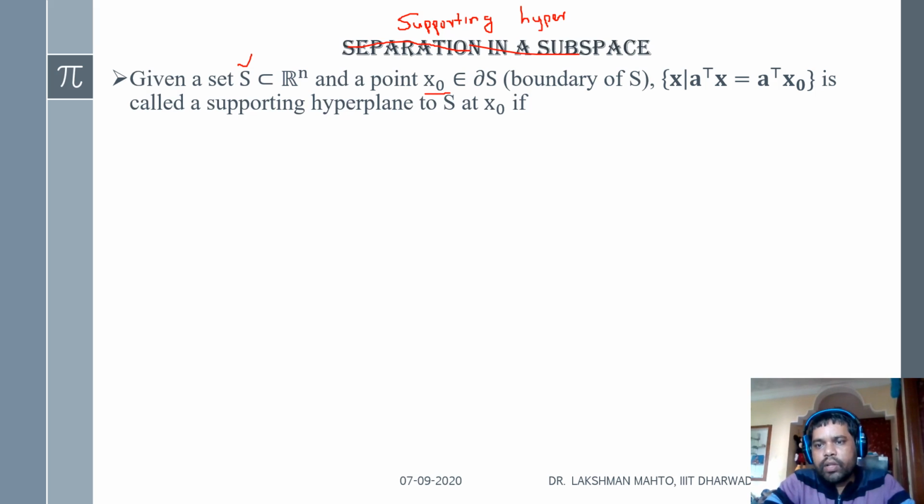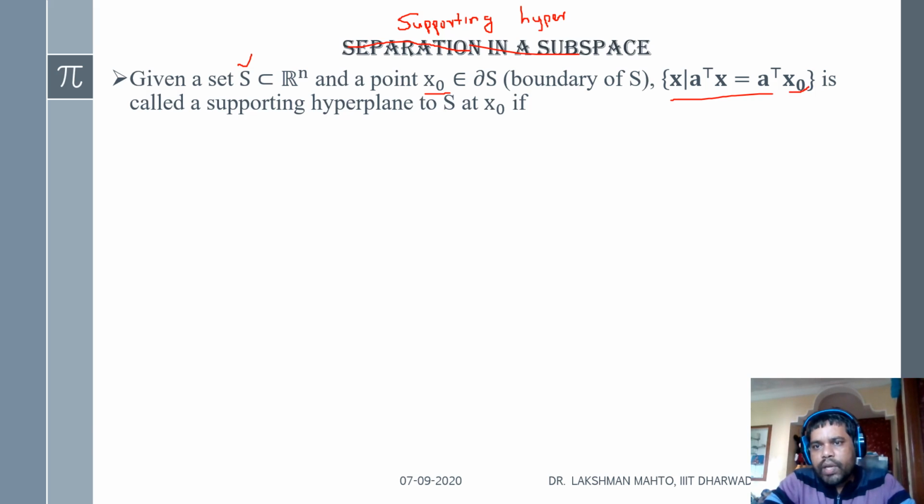Consider we have a given set S and a boundary point x naught. X naught is a boundary point. You know that I have told you many times that a boundary point is a point along the boundary of a given set.